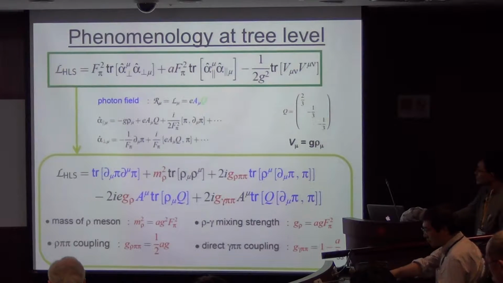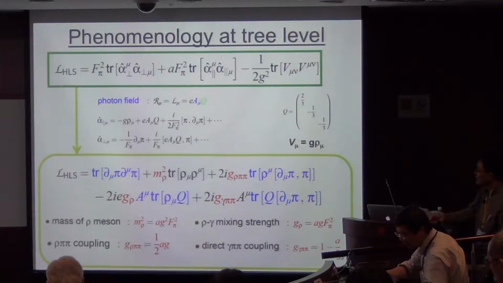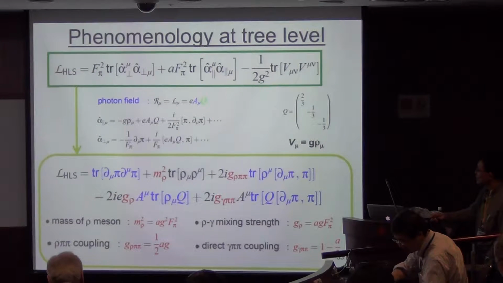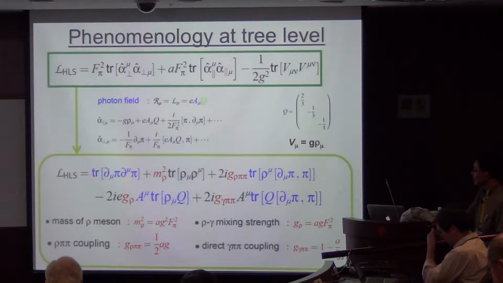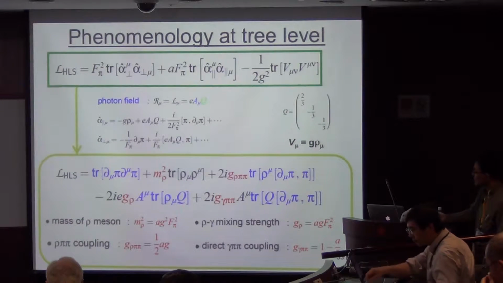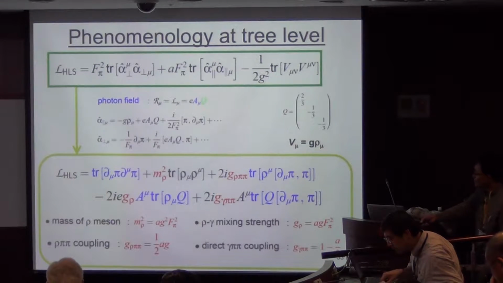But anyway, this term corresponds to the kinetic term, this term corresponds to the mass term, and this term is the rho pi pi coupling. And this term is a rho gamma mixing, which I will show later, what this mixing implies. And also this is a direct gamma pi pi coupling.